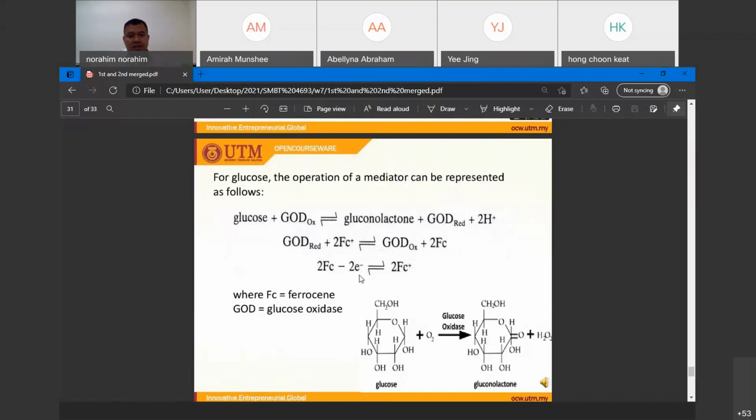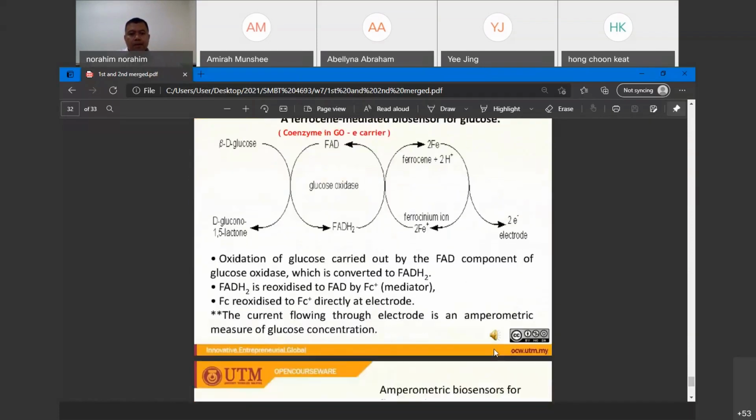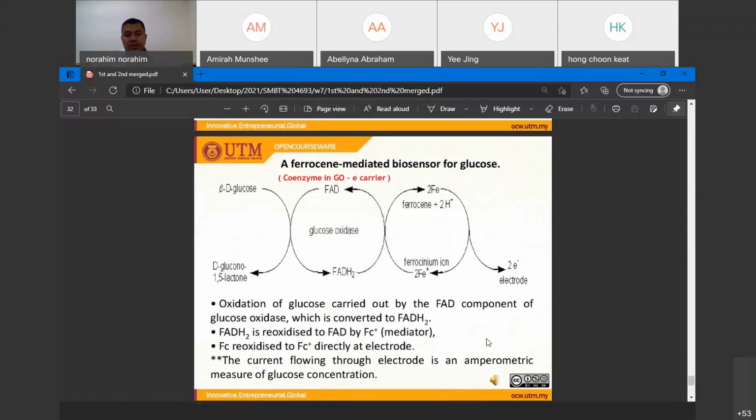Your ferrocene then will be oxidized to produce Fc plus. Remember the oxidation? Fc oxidation number is 0. Fc plus means it loses 1 electron, so it is being oxidized. So this is the overall reaction, from glucose it becomes gluconolactone. Okay, this reaction is very important.